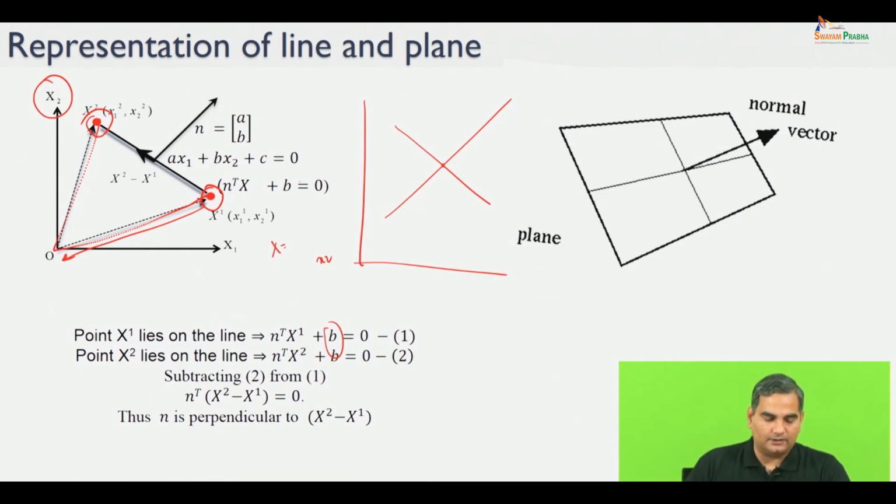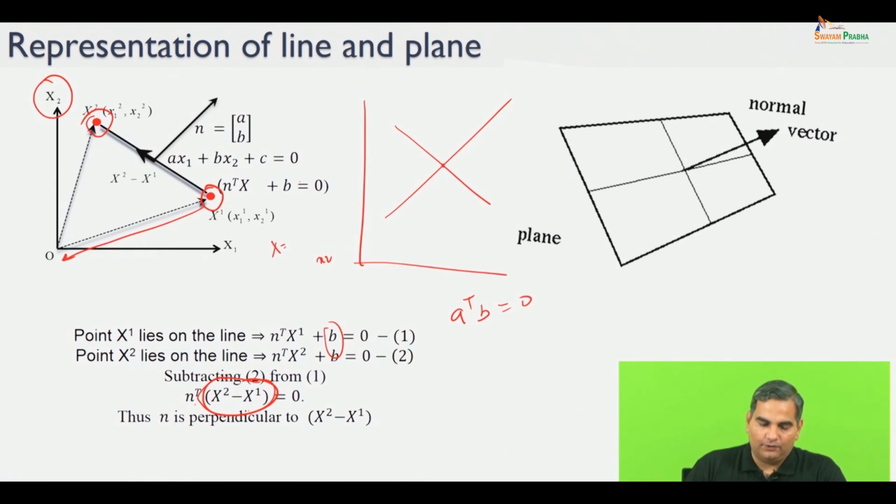So, what this equation tells us is that this is in the direction of the line, and from our orthogonality lecture we saw before, if A transpose B equals 0, then A and B are orthogonal. Since n transpose this quantity is 0 and this quantity is in the direction of the line, n has to be perpendicular to the line. So, this is a very important idea that we will use in data science quite a bit when we look at linearly separable classes and then classifying classes that are linearly separable.